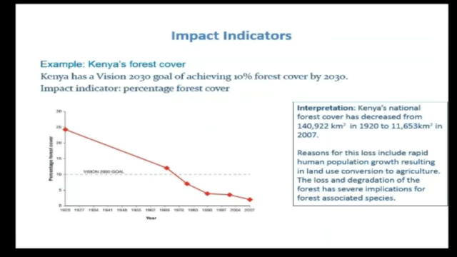So an example is Kenya, which has a Vision 2030 development plan with a goal of achieving 10% forest cover by 2030. It was before their current NBSAP updating. So the impact indicator for that is straightforwardly the percentage of forest cover.